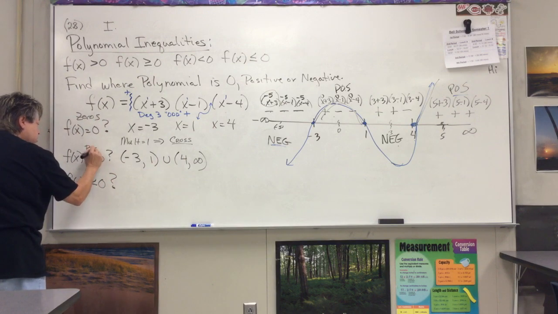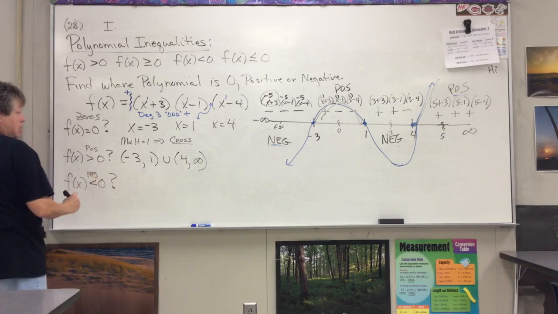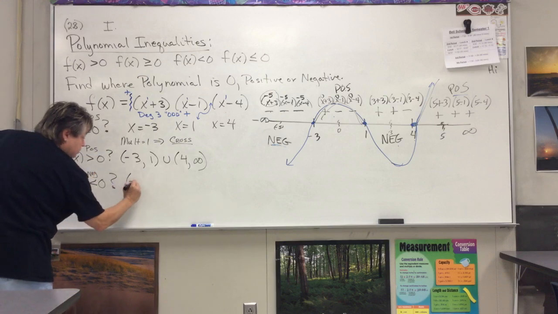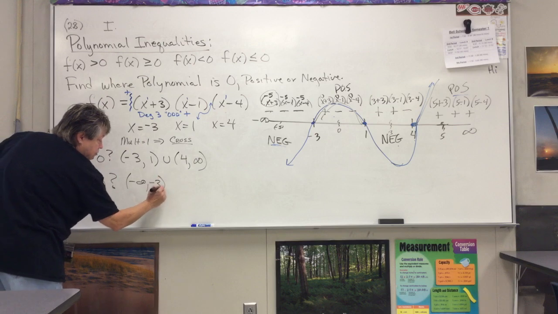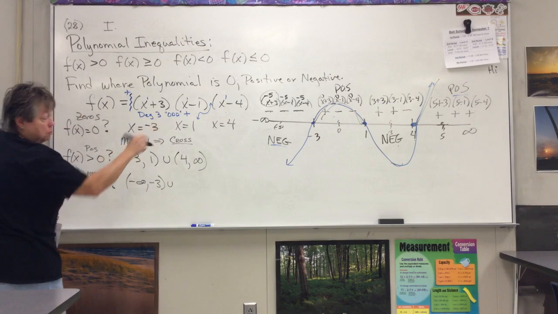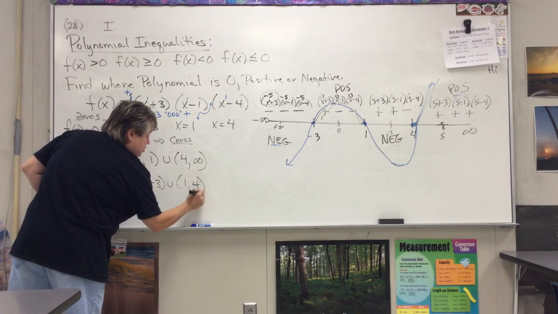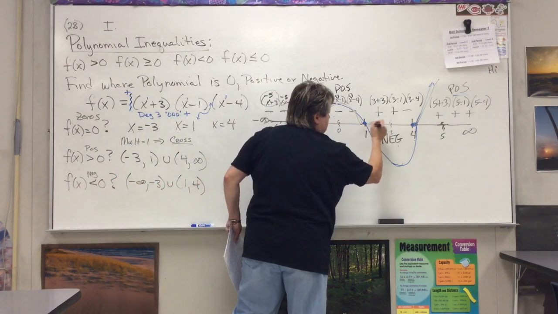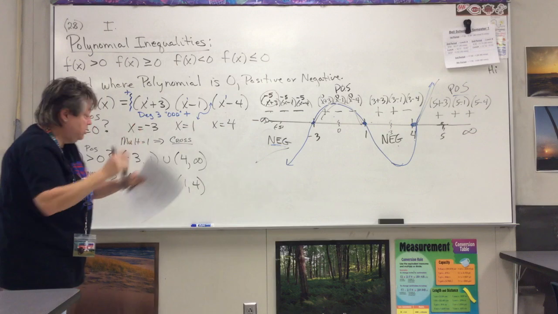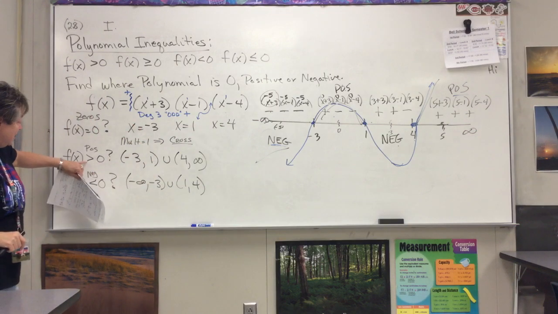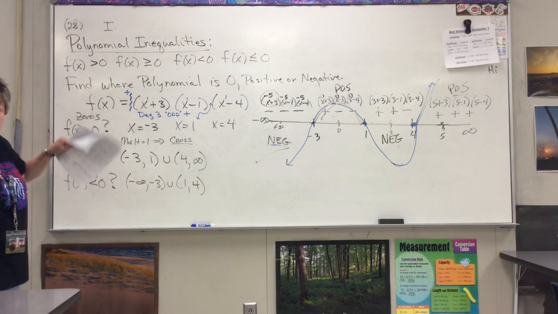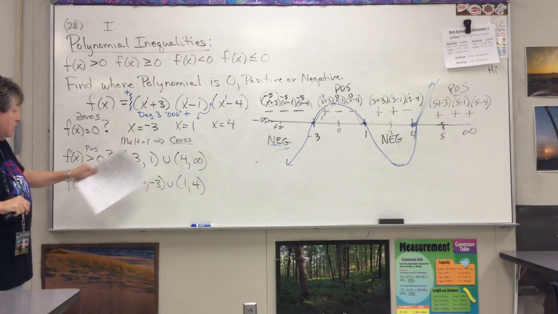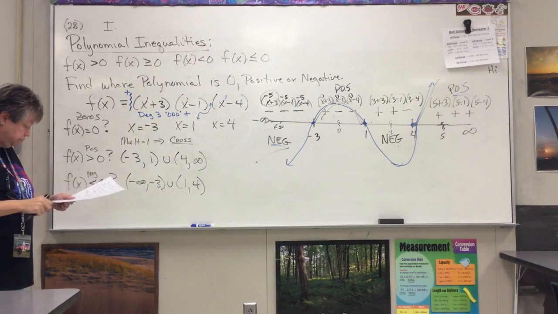Okay, so this was positive, this is negative. Okay, so where are we below? Well, from negative infinity to -3, and also from 1 to 4. So negative here and negative here. Okay, I'm using all parentheses because in my inequality I did not say equal to 0. So I do not want to include the zeros in my answer on the intervals.